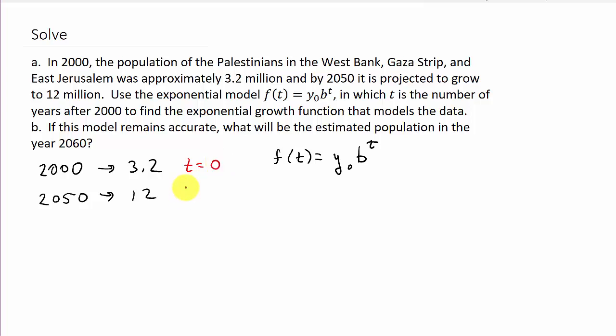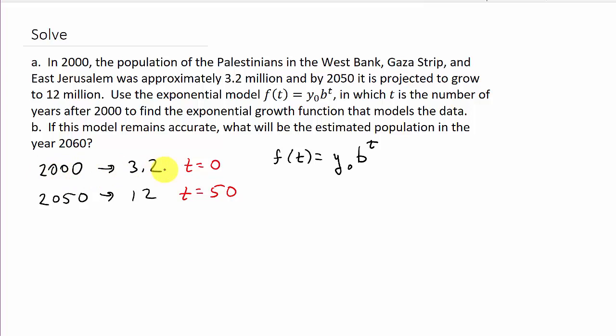And so if that's 2000, then for the year 2050, t would be what? 50, because it's 50 years later. 2000 is when t is 0, 2050 t equals 50. It's kind of like the year 2001. Well, that's 1 year after the initial year, so t would be 1.